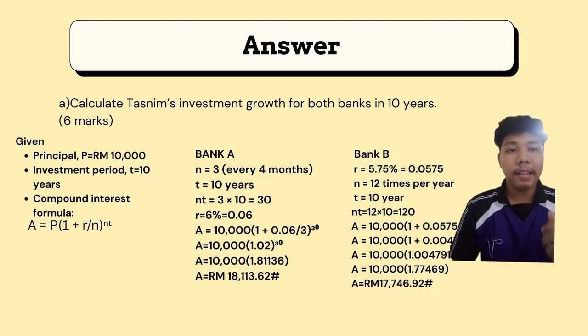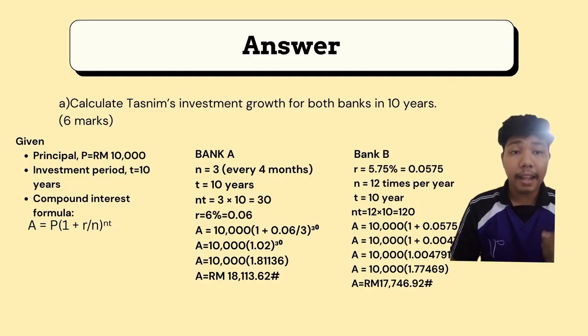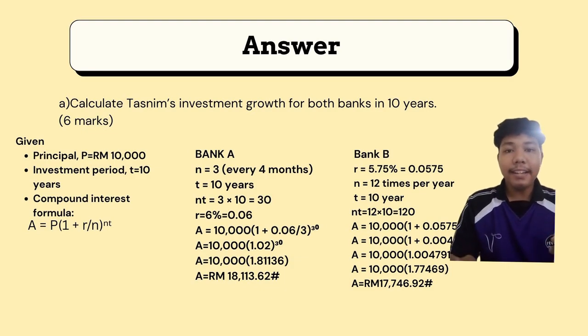Over the same 10-year period, the total number of compounding periods is 12 multiplied by 10, which equals 120. After completing the calculation, the final investment value for Bank B after 10 years is RM17746.92.